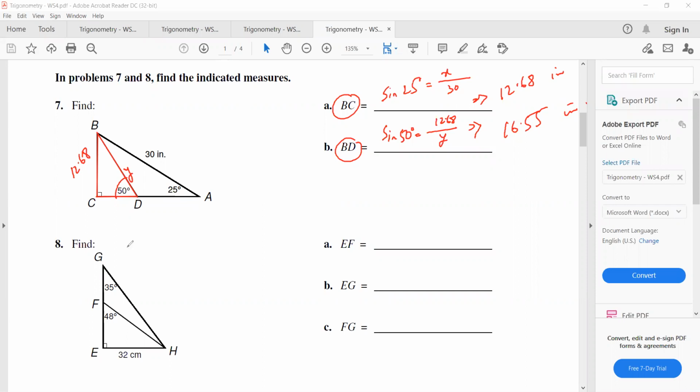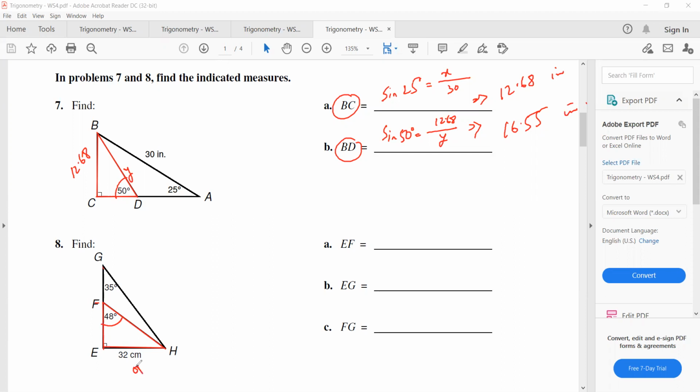Then question number 8. EF, EG, FG. EF first. Let's think about EF. Think about this triangle. Here, this is the reference angle.